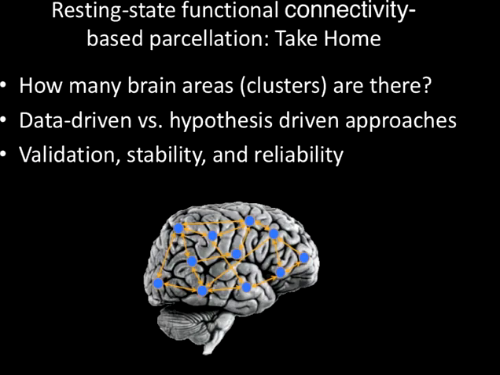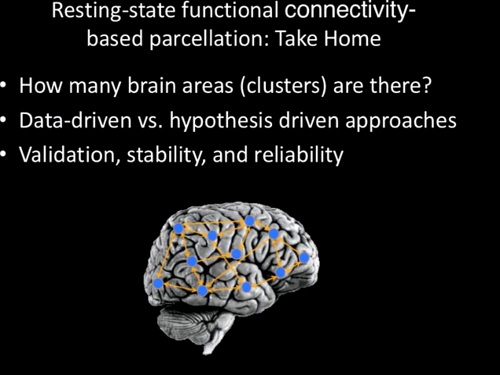So, the resting state functional connectivity-based parcellation that I've flown through here has a lot of caveats. I think I've already brought them up as we've gone along. We're always asking this very ill-posed question of how many brain areas or clusters there are. That's always the question, and it's a hard one, as we've seen throughout.